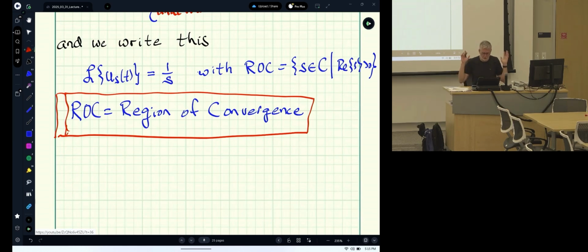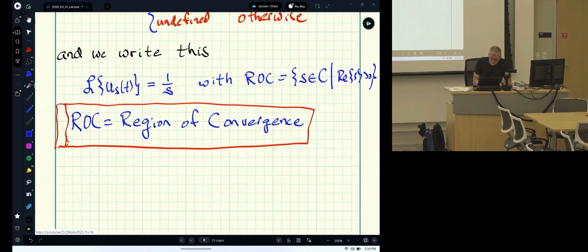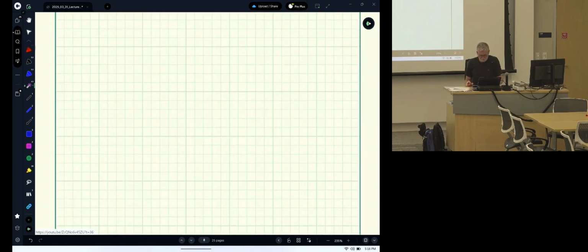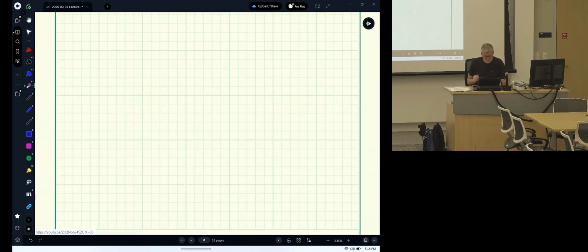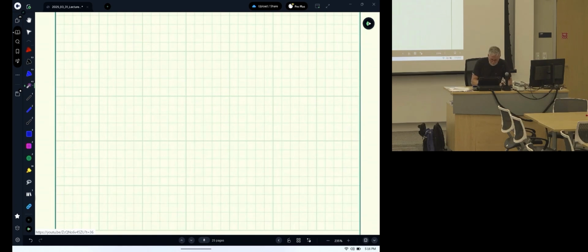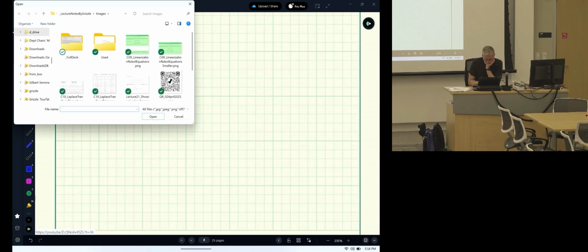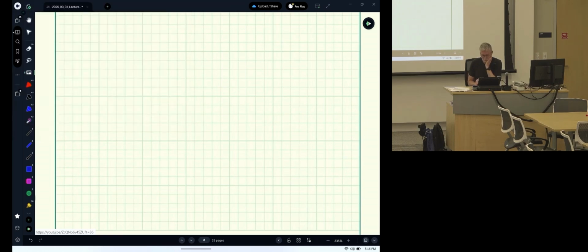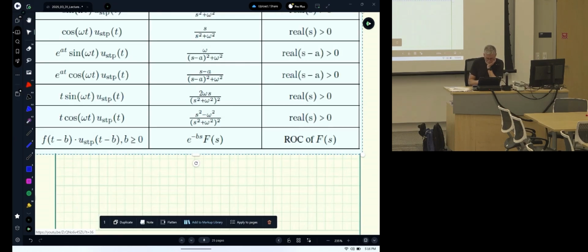The main thing to have in your mind is that there's an association of a time domain function and a function of s, and that's the algebra. Okay? We'll carry this around for today, but after that, we won't do it anymore. Okay, I want to show you what a table of Laplace transforms looks like.